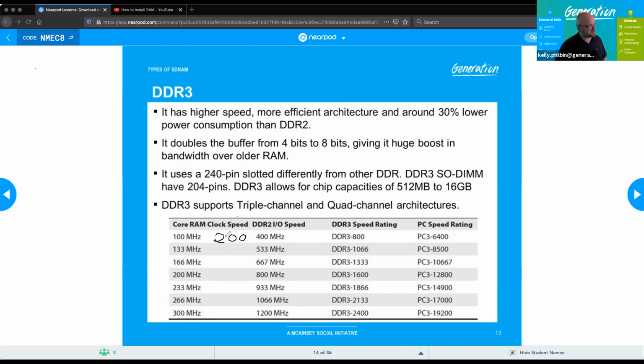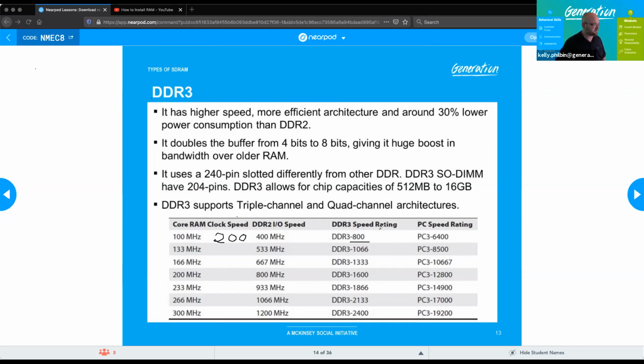We've doubled it once to 200 for a single DDR1 chip. We double it again, we get to the DDR2, which kicks us up to 400. We're now in 3rd generation, so we double it again. We're now up to 800. So we've doubled it 3 times.